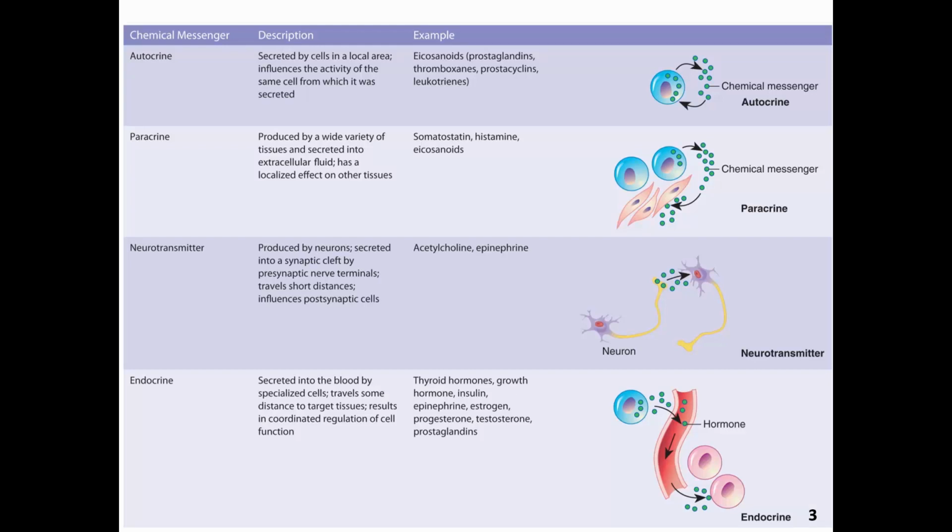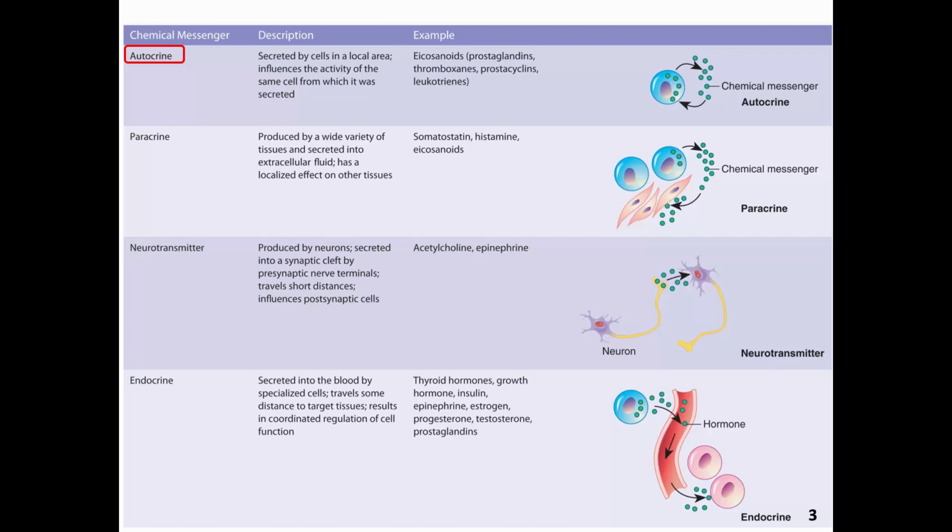Before we begin a further detailed examination of the glands of the endocrine system, the overall examination of the endocrine system involves the secretion of chemical messengers. And the chemical messengers can act either locally or at a distance from the cells from which those messengers were secreted.